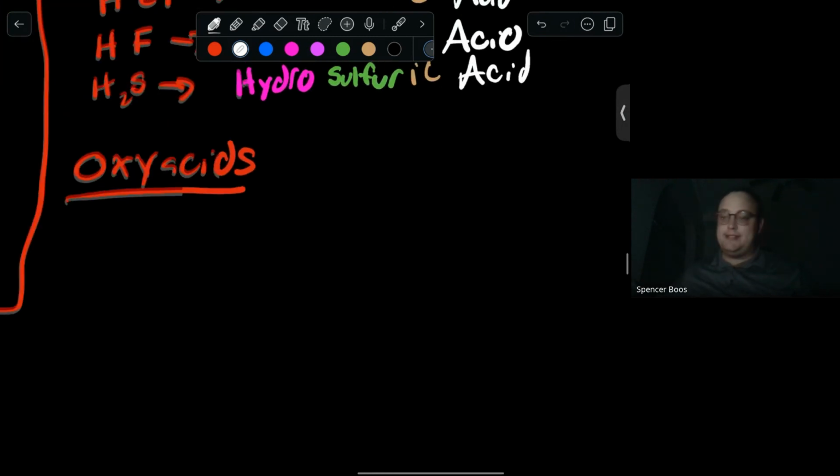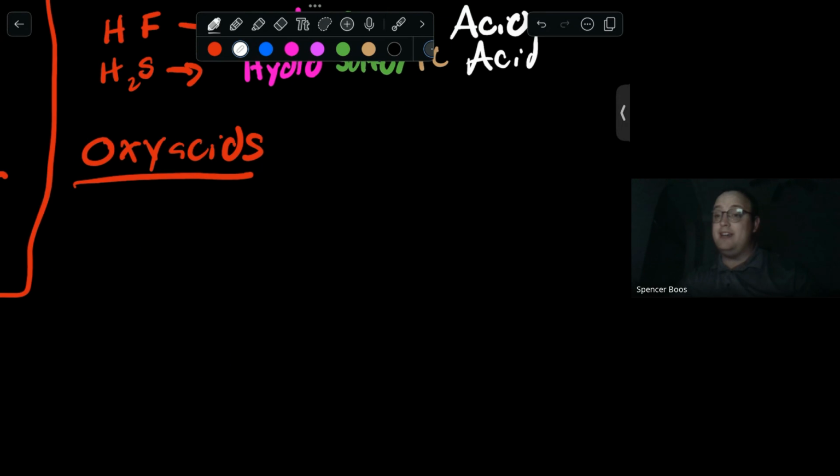For oxyacids, these are your ones that contain oxygen as part of your naming diagram. A good hint is anything that contains a polyatomic is an oxyacid.